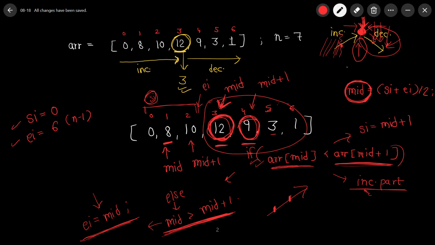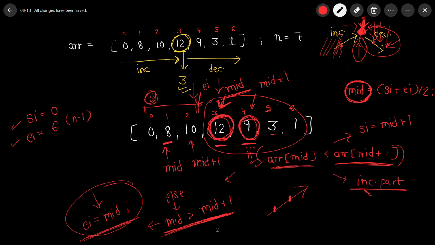Let's not directly jump to mid minus 1. Rather, let's point our ending index to mid only and not mid minus 1, because mid can also be our answer. So I hope this point is clear. That's why we would write ending index equal to mid and not mid minus 1.